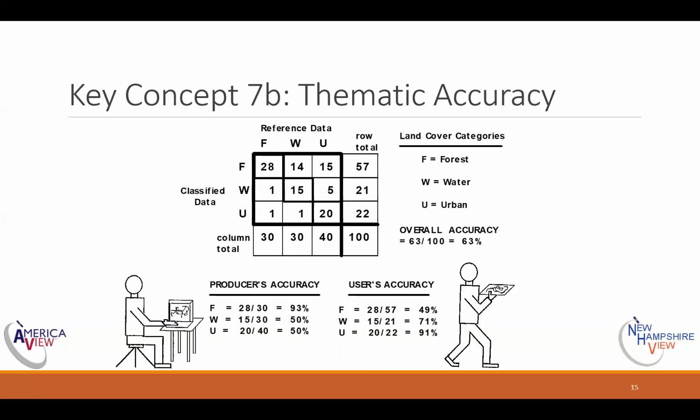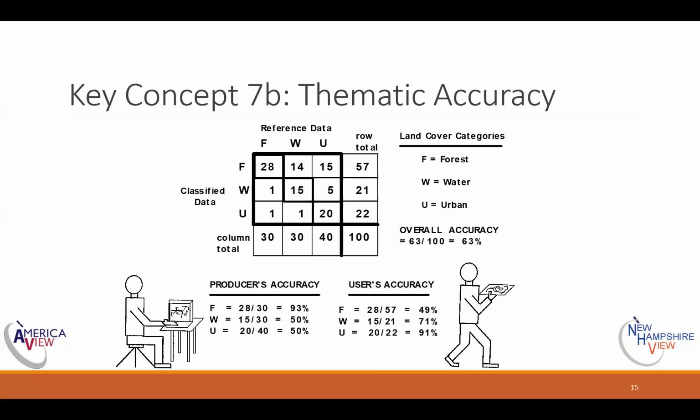Okay, and you can see this is a very simple example. We just have three categories: forest, water, and urban. And so if you look, you can see that the map says it's forest 28 times, and the reference data agrees. So where the F and the F coincide, says 28.